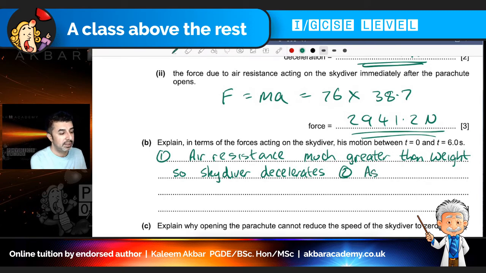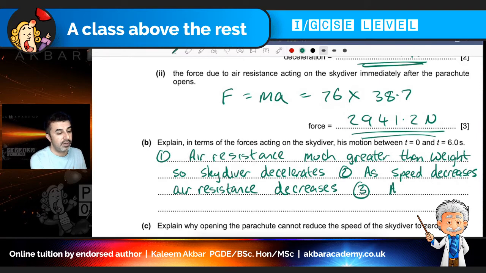As speed decreases, air resistance decreases. And number 3, air resistance and weight are equal.